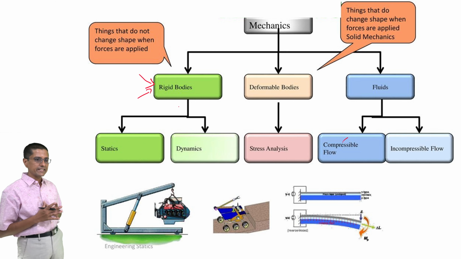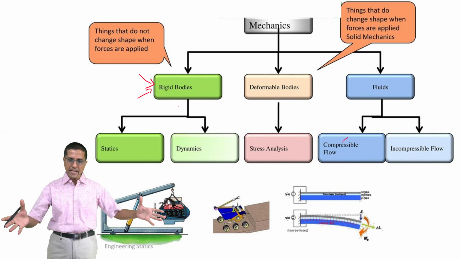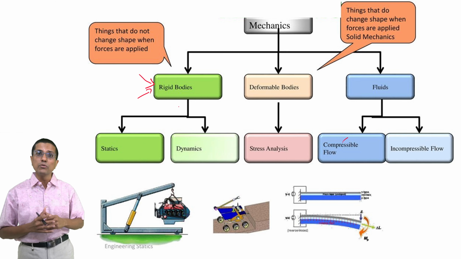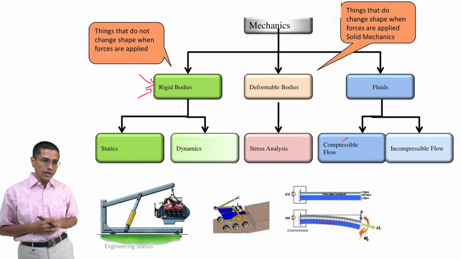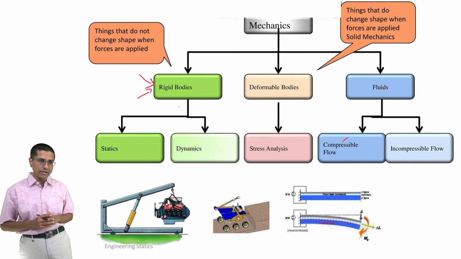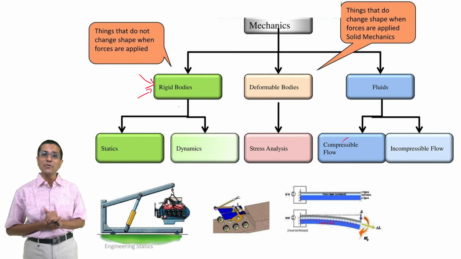Of course, for rigid bodies, there are two kinds. One is statics. Statics means that things are not really moving. For example, everything that I have here, like the chair, the table, the screen that you are looking at, even those are static. Those are not really moving. I mean, you might be sitting in a car, and in that case, things around you might be moving, but the screen that you are looking at is hopefully not moving.